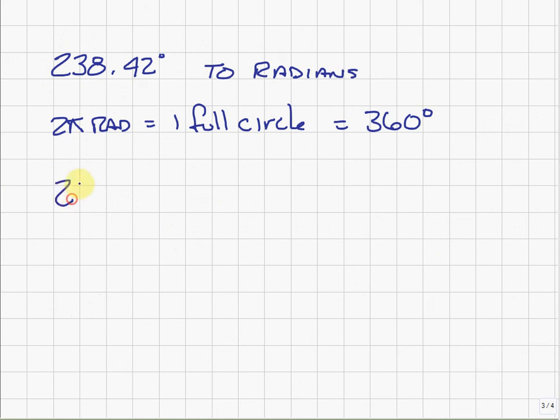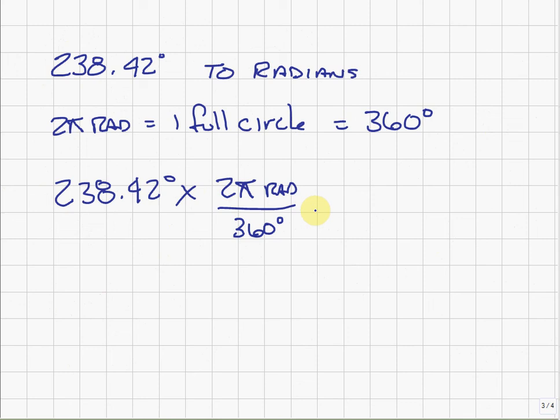We're going to take 238.42 degrees. We are going to multiply by the ratio of 2 pi radians per 360 degrees, which takes us to an answer of 4.1612 radians.